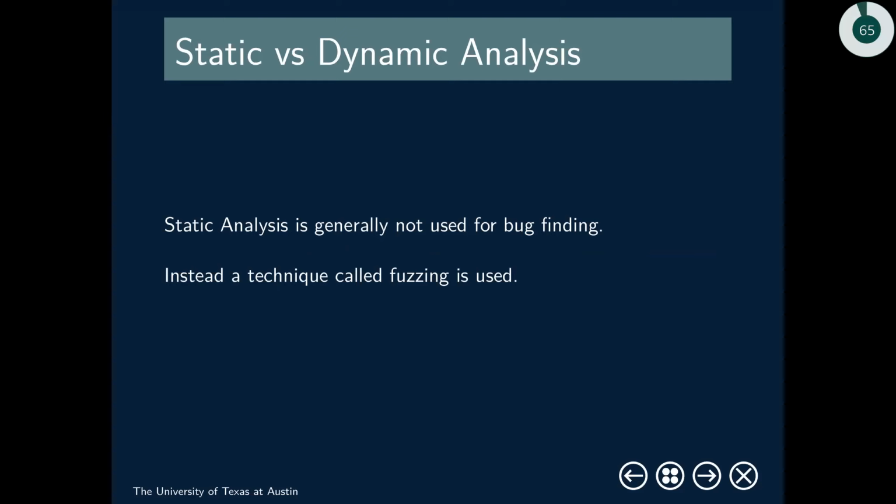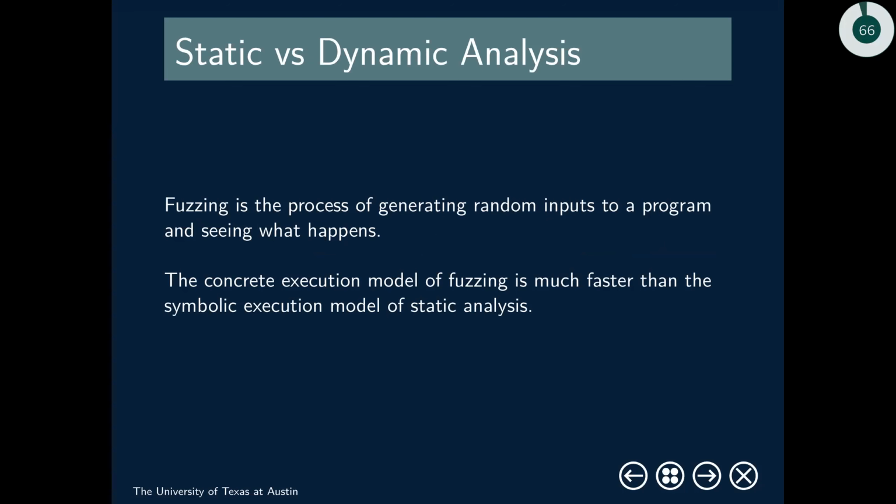And then finally, using Angr to find bugs. Static analysis as a concept is generally not used when looking for bugs in your code. Instead, we use a different technique, which is called fuzzing. The way that fuzzing works is we just generate random inputs and put them into the program and see what happens.